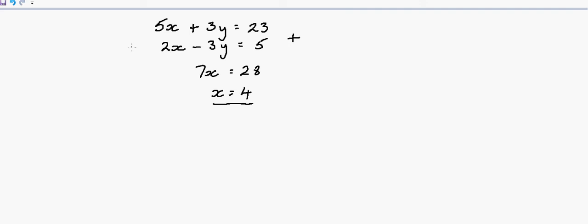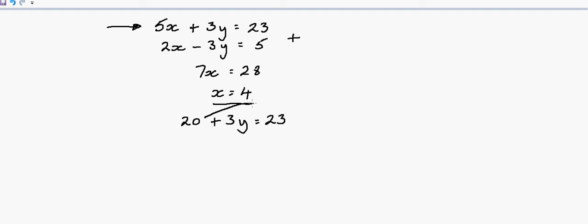Now I could go to this equation, but I've got minus 3y, and I don't really want that. I want to make life easy, so I go to the all positive equation. So if x equals 4, 5x is 5 lots of 4, which is 20. And then I write the rest of the equation, plus 3y equals 23.